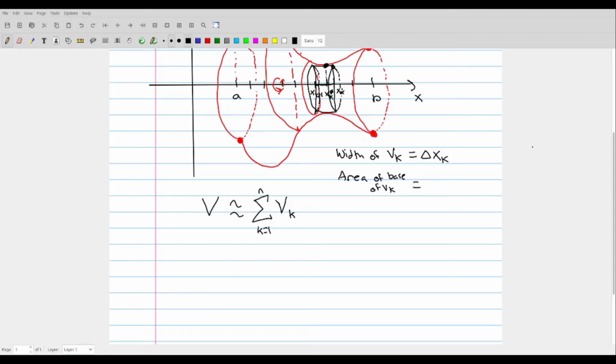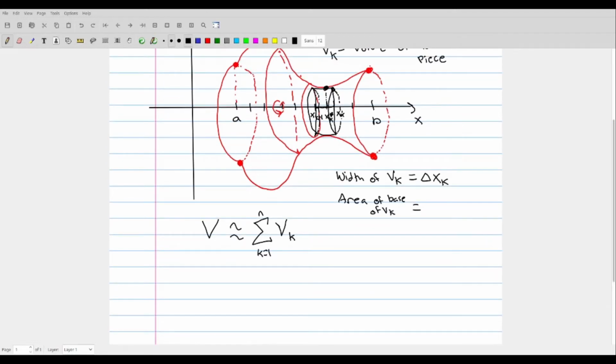It's a circle with a radius of the function value at the sampling point. So that's exactly equal to pi times the radius squared, which is pi times f of the sample point squared.